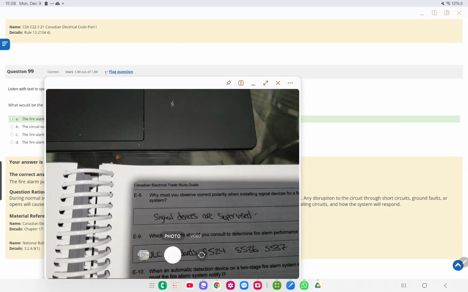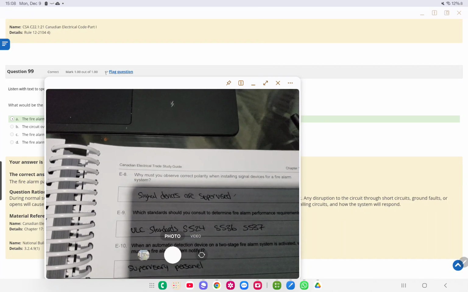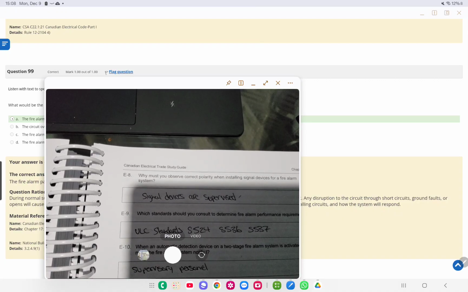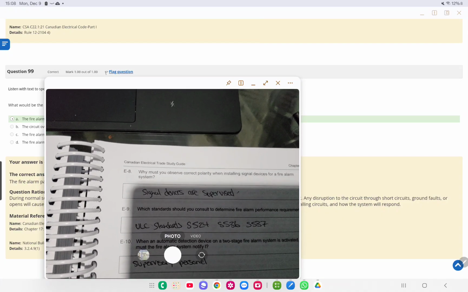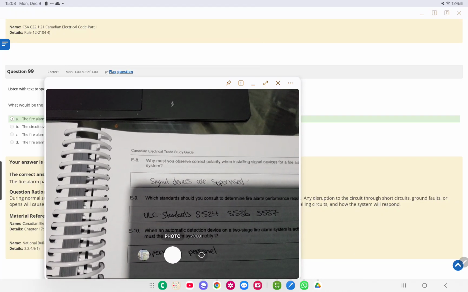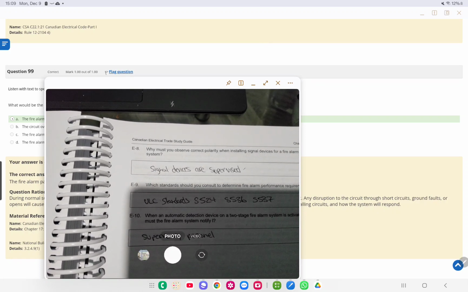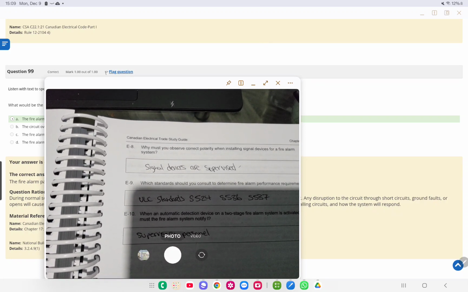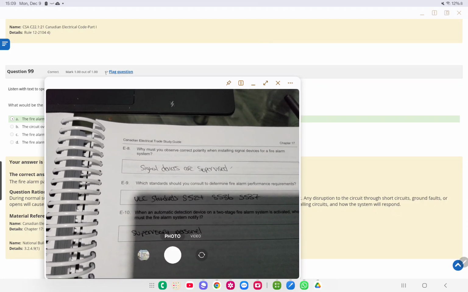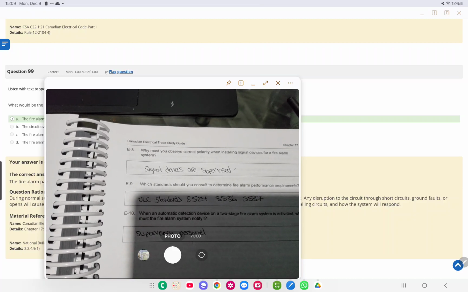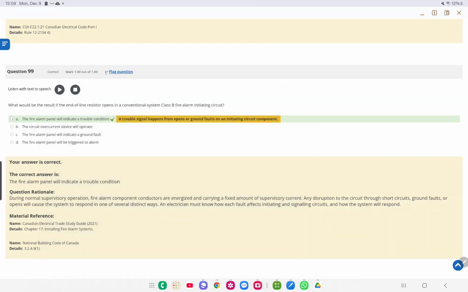Why must you observe correct polarity when installing signal devices for a fire alarm? Signal devices are supervised. Which standards should you consult to determine fire alarm performance requirements?